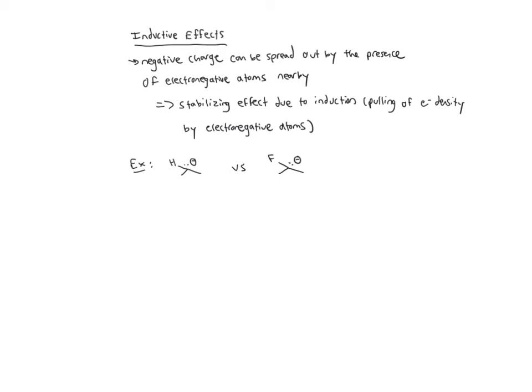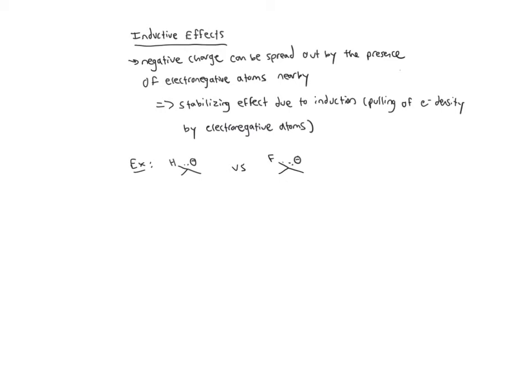We don't have a real way of showing that in terms of any arrows other than just the dipoles. For example, if we take a look at these two, we have a negative charge with an H attached versus a negative charge with a fluorine attached to it. The fluorine is very electronegative, much more than the H, and it's going to be able to pull electrons towards itself.